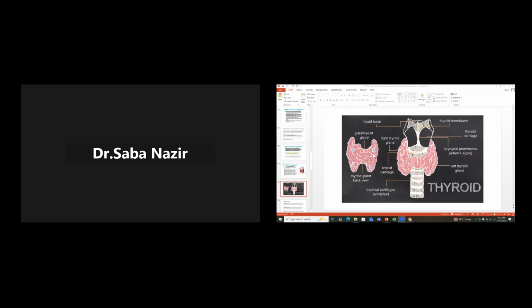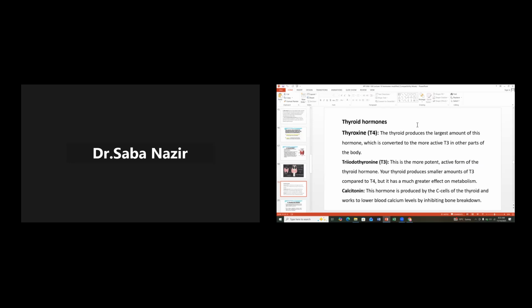These are basically the parathyroid glands. Very close to the thyroid gland, there are two oval bodies that are embedded, and these are basically the parathyroid glands.